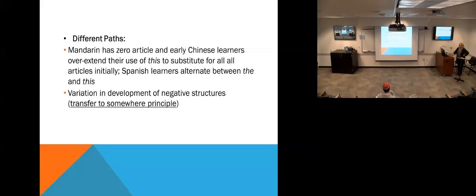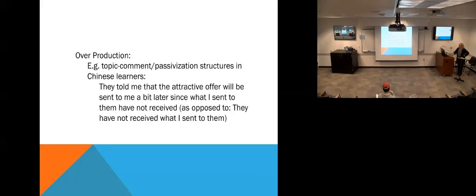Another one is different paths based on the L1, so you'll end up in the same place, but the way that you get there might be different depending upon what you're taking in from your first language, and particularly this transfer to somewhere principle that you saw demonstrated in your Norwegian little boy.